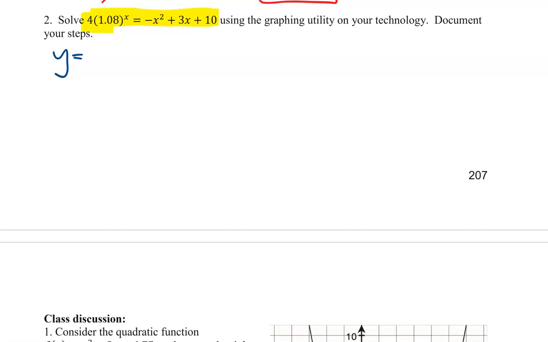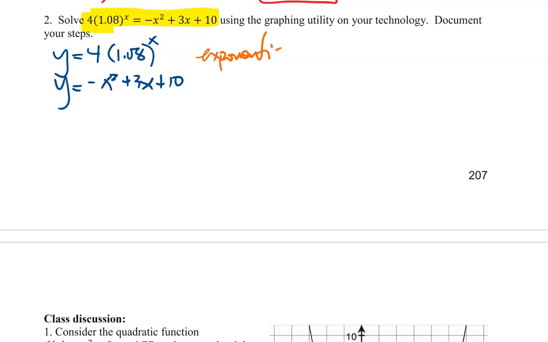First, the left side, which is 4 times 1.08 to the x, and the second, y is equal to negative x squared plus 3x plus 10. The first equation is an exponential, and the second is quadratic.